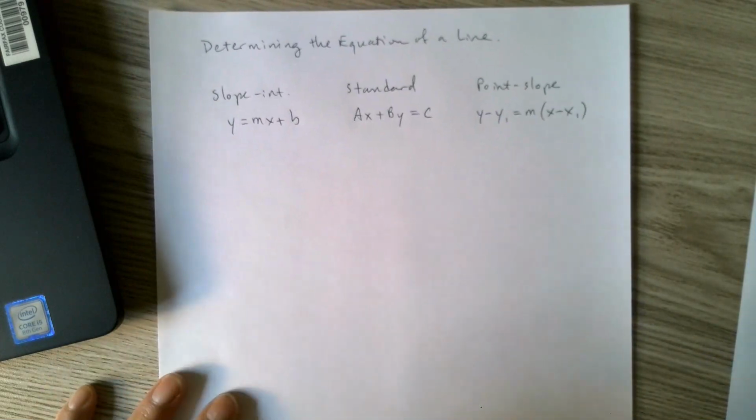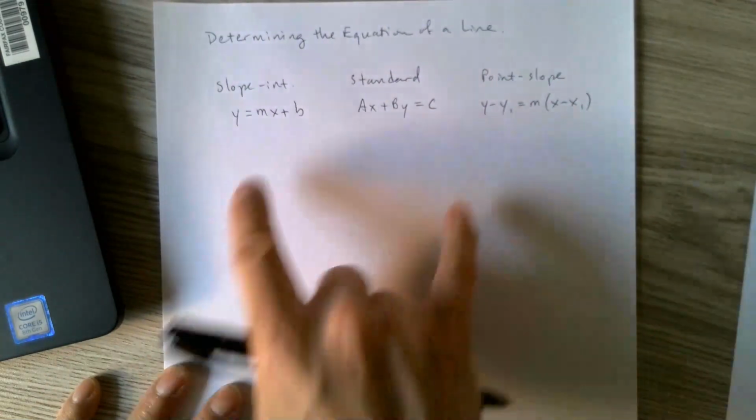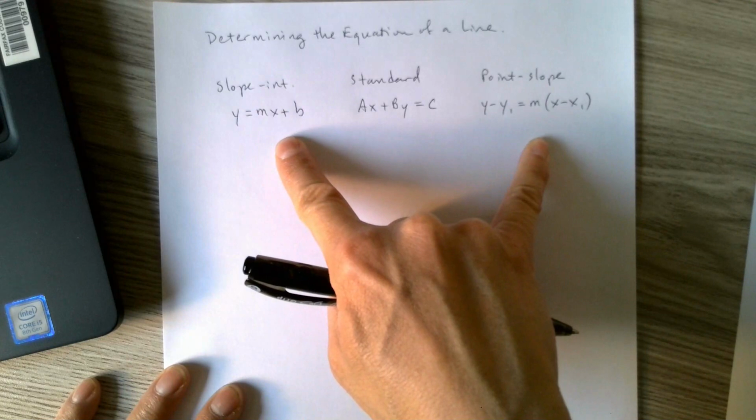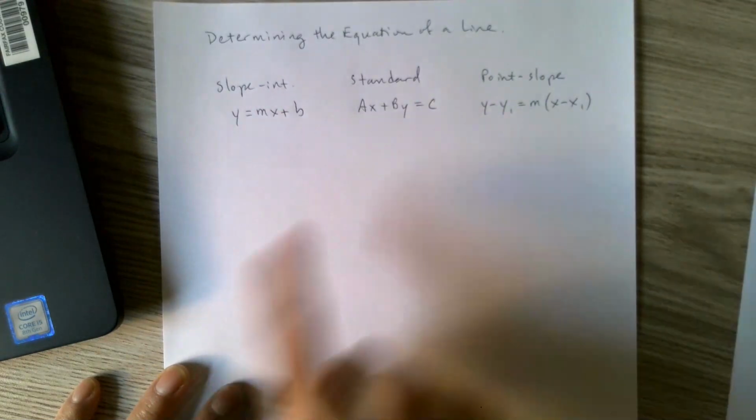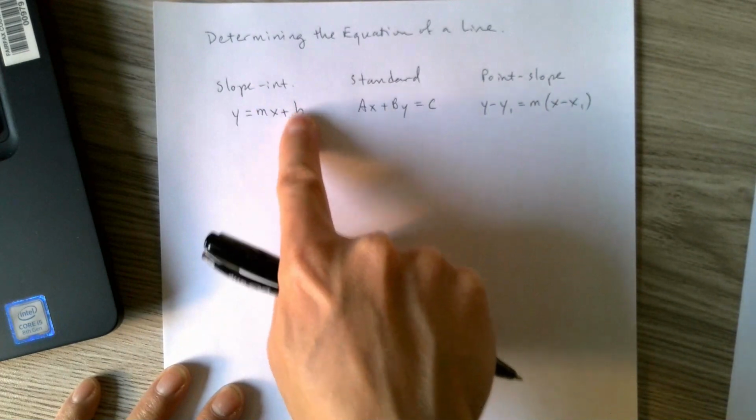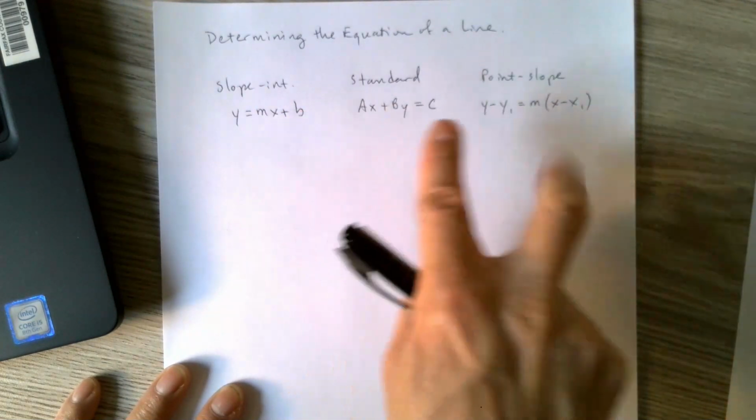Okay, and remember lowercase m, that's your slope, so these two forms have the slope staring at you, this one doesn't. And this form, slope-intercept, has the y-intercept staring at you, these two do not.